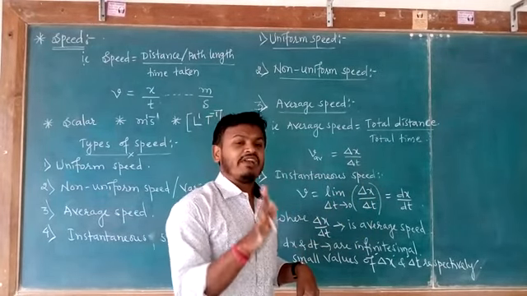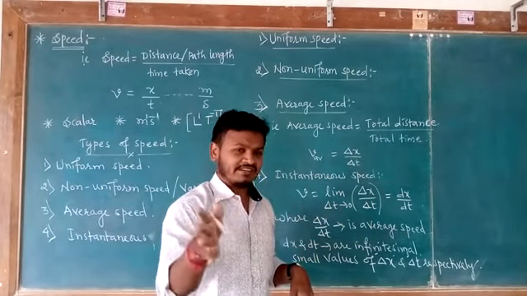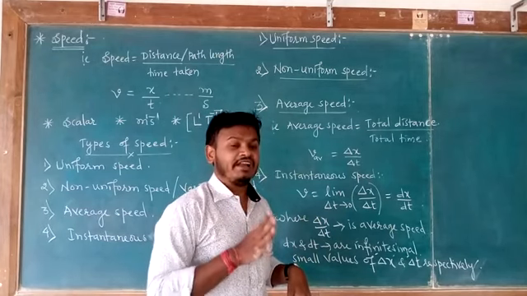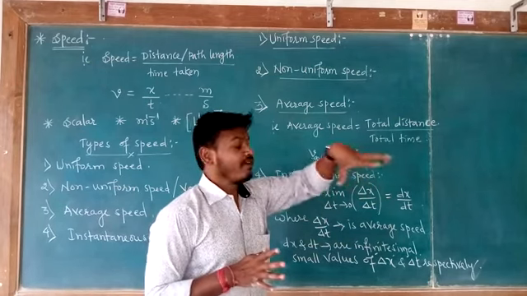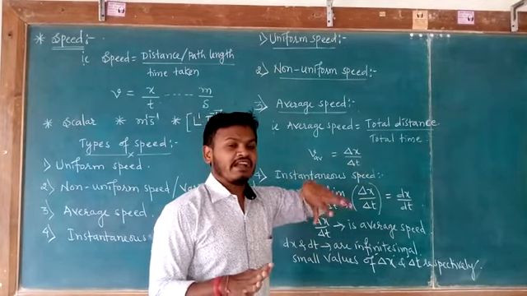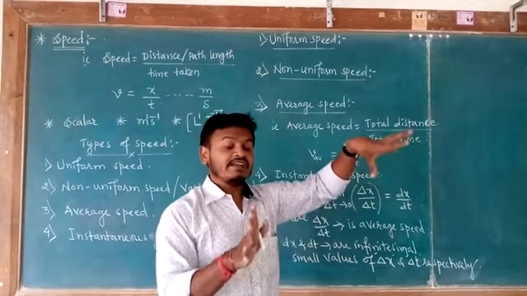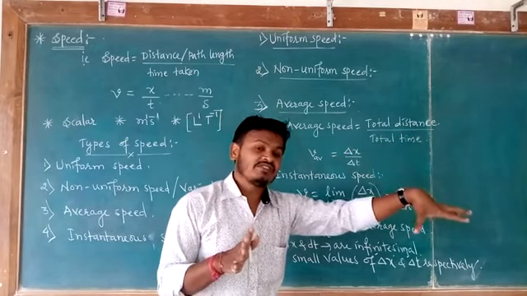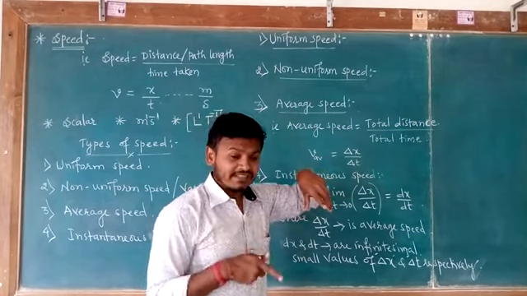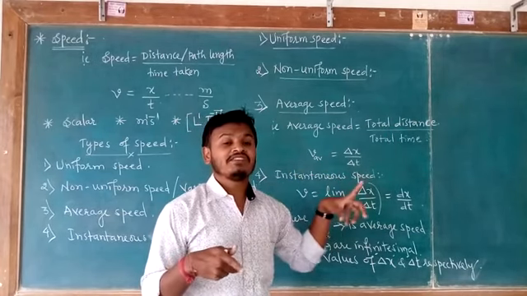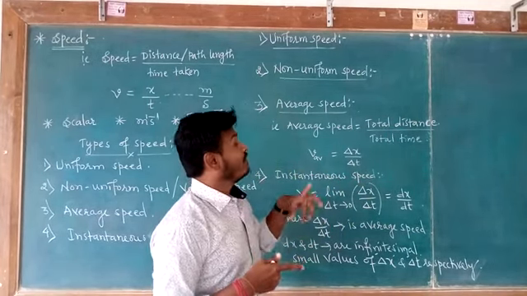The time intervals are equally distributed, however, the distance covered is different in every second. Therefore, that kind of speed of the car is non-uniform speed.